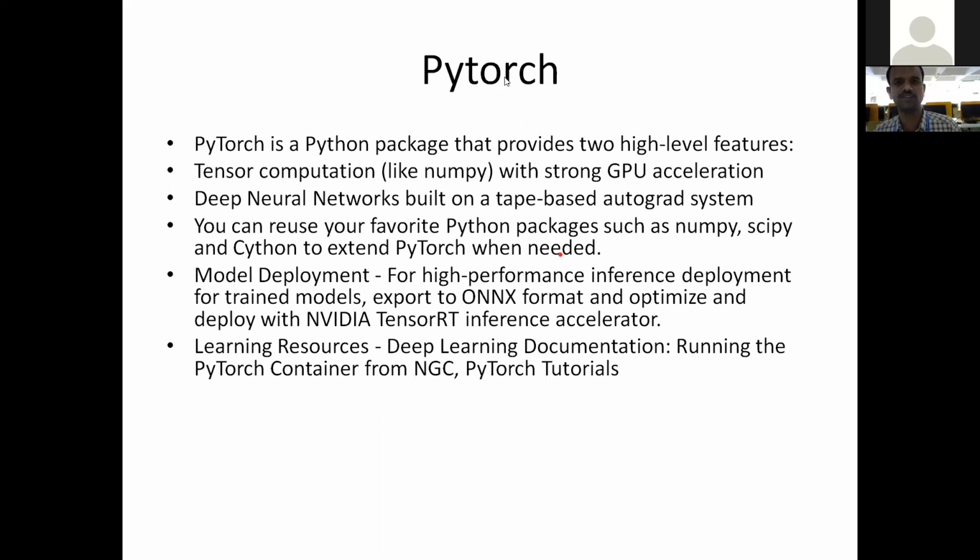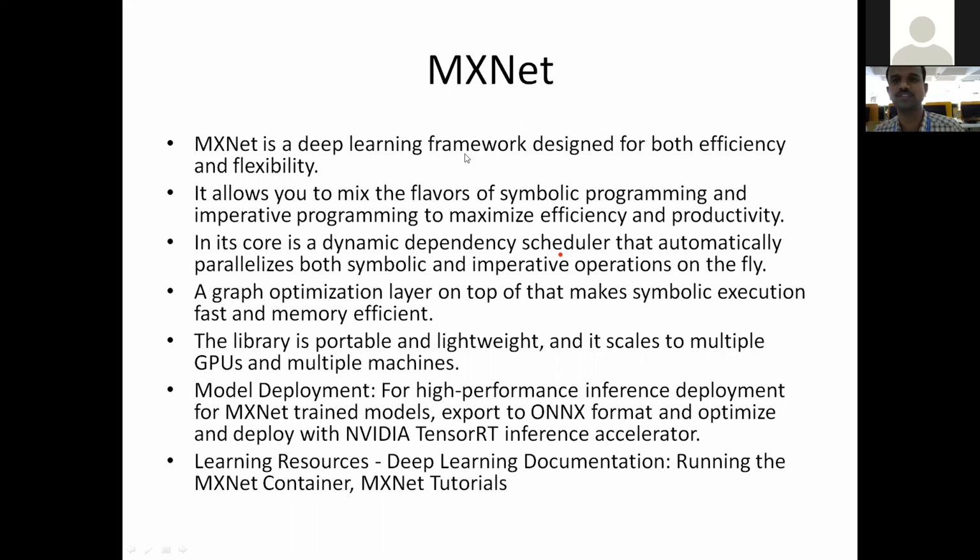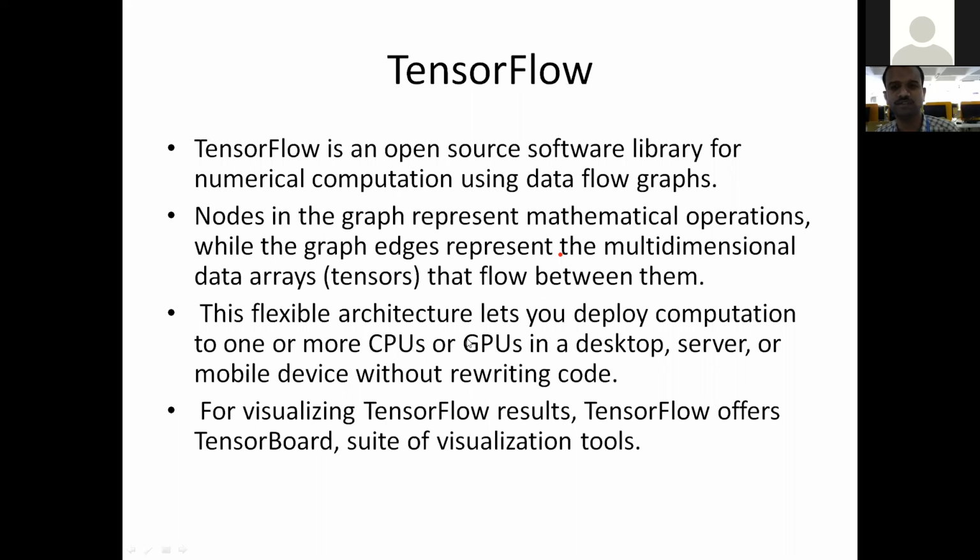MXNet is another powerful deep learning framework, designed for both efficiency and flexibility. The library is portable and lightweight, and it scales to multiple GPUs and multiple machines. You also have model deployment here, and learning resources with documentation in MXNet. TensorFlow is another one, like PyTorch.